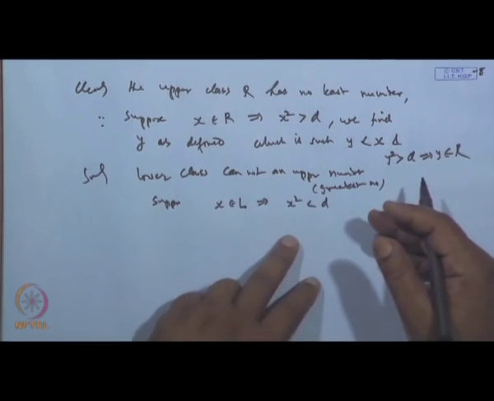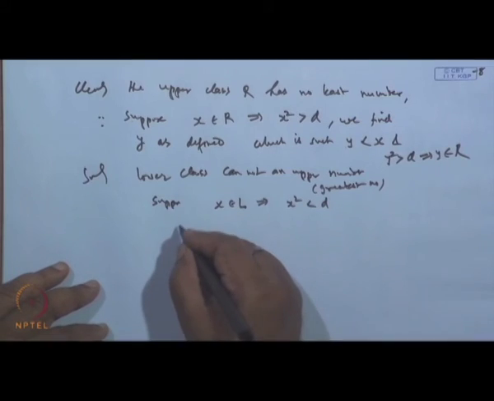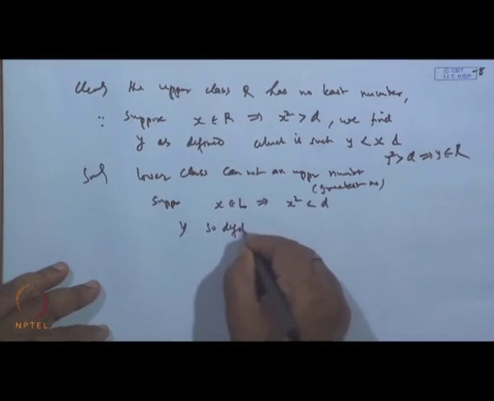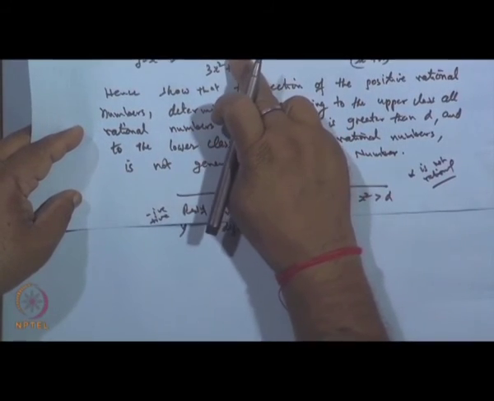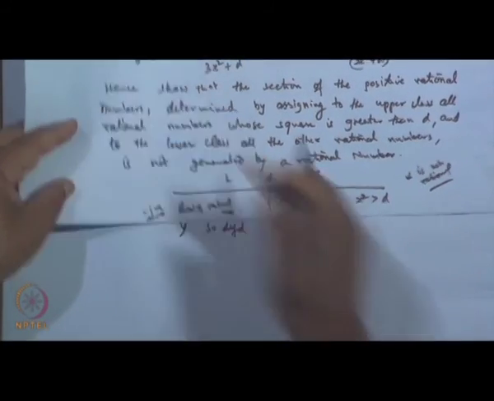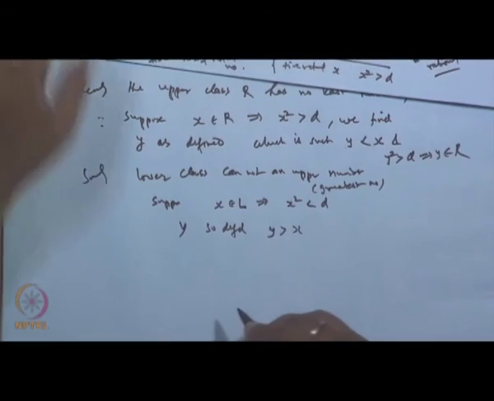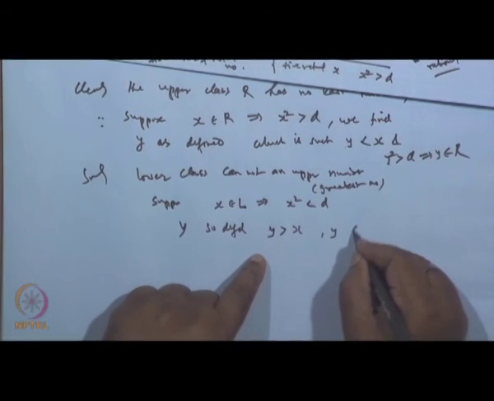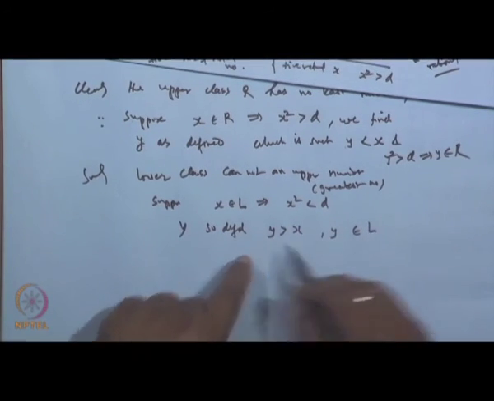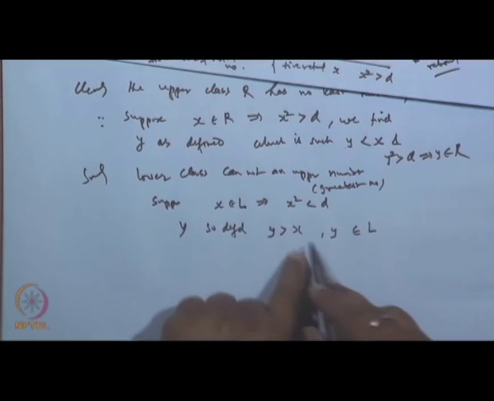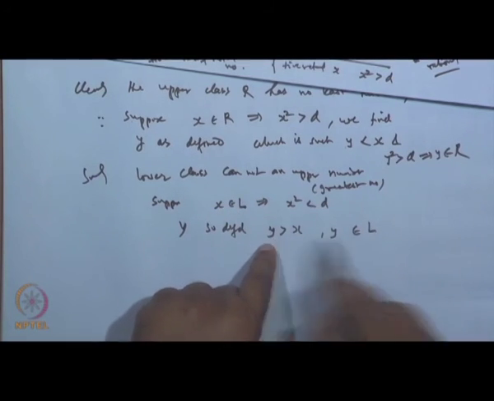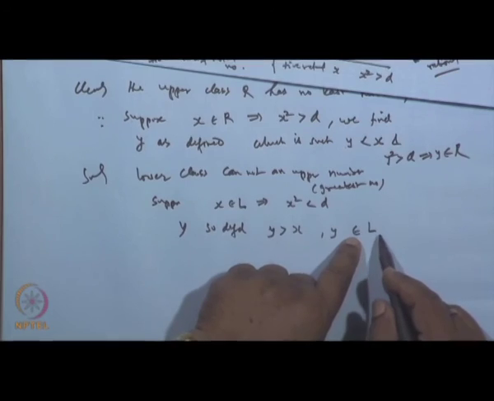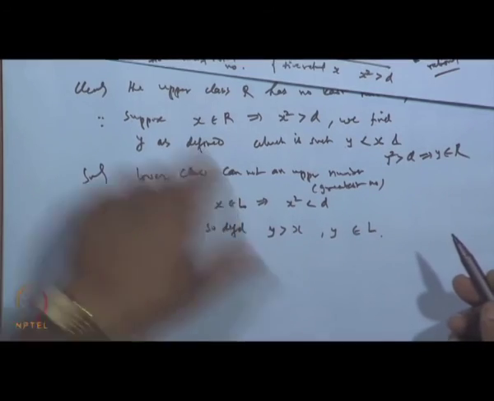Okay. So x square is less than d, then what will the y so defined give? If x square is less than d, then this is positive. So y minus x is positive, so y is greater than x. So again y belongs to the lower class. So if x is in the lower class, then we also get another number y which is also in the lower class but greater than x. So L cannot have a largest number.